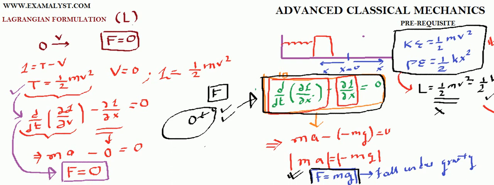Agreed? So there are many complicated situations. If I ask you about a spring mass system, where a mass is connected with two springs, and you are asked what is the force responsible in this case, if you don't know, then just work out the total energy of this system, put it in the Lagrangian equation of motion, and it will exactly tell you what forces are acting in this system.